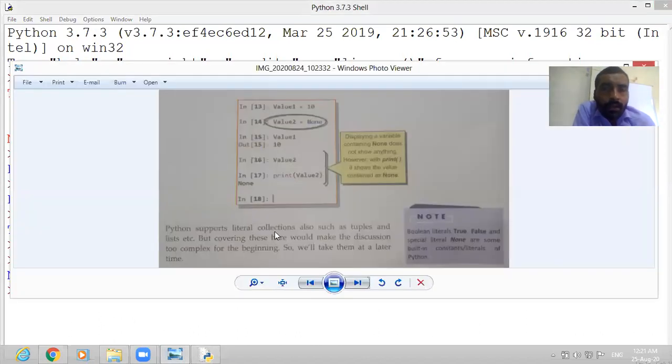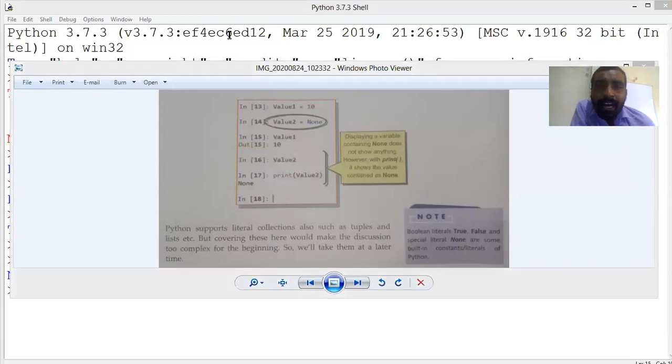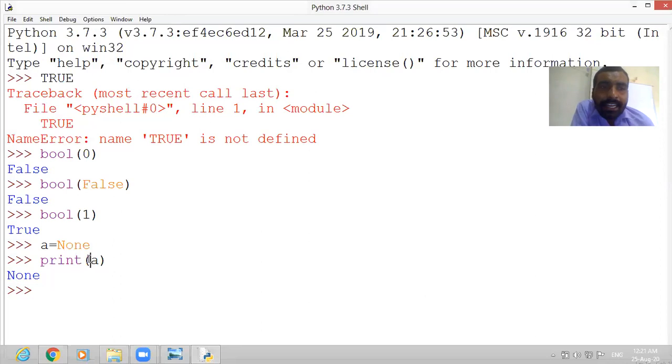Sir, but here A is used as a literal. A is a variable. A is not used as a literal. In the A variable, what have you written? The None constant. In the same way, here you can write A equal to 1.